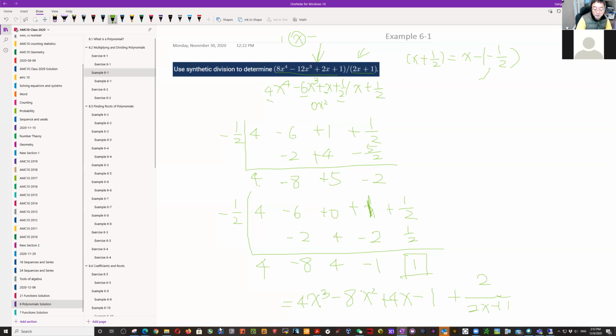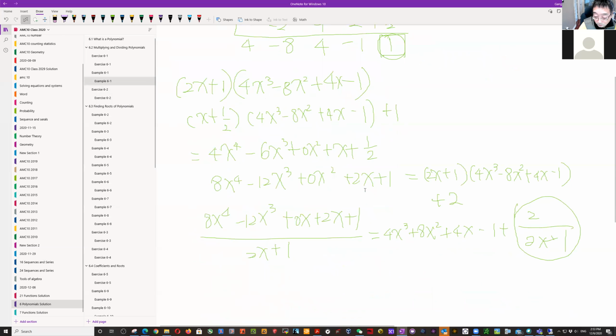So this is the quotient, and this is the remainder. So this is the way to do the synthetic division.